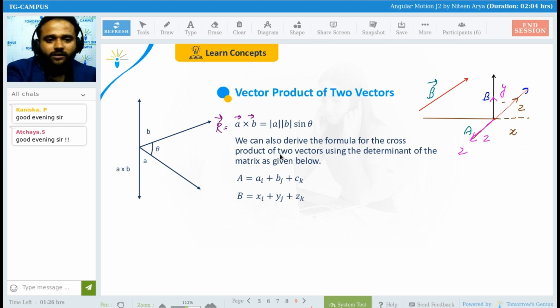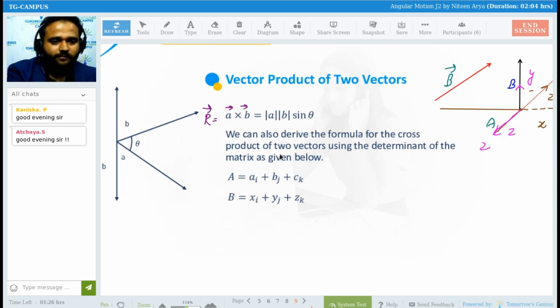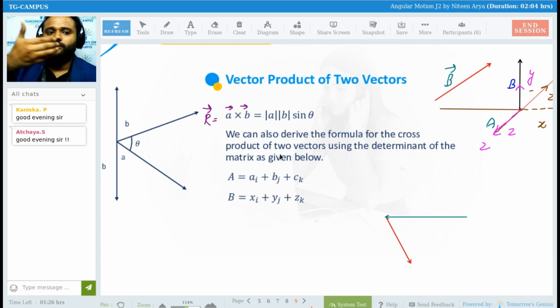If I can draw this kind of thing, just a minute, this is one vector, and this is your second vector. So automatically, according to the right hand rule, you cannot rotate in this way, right?